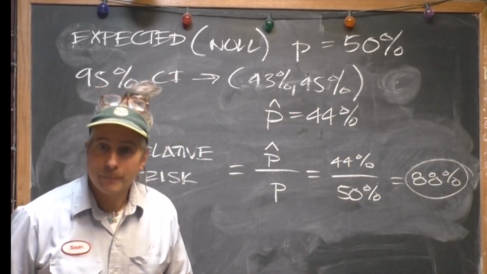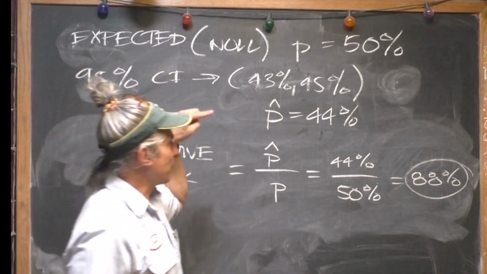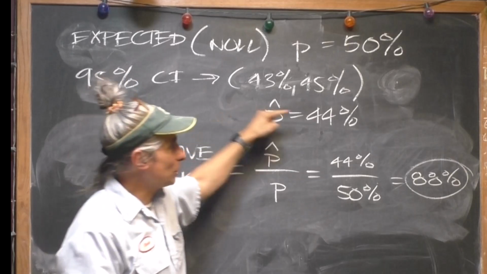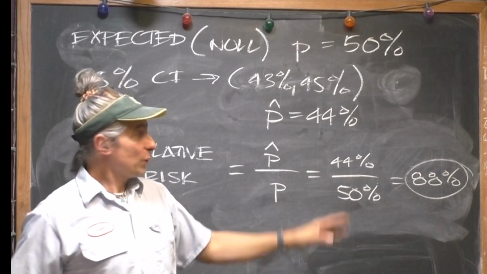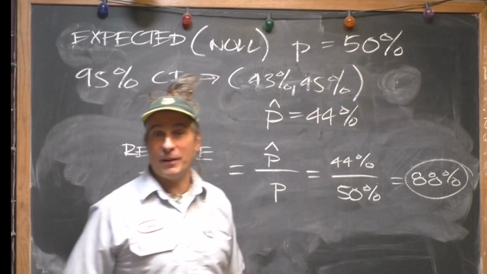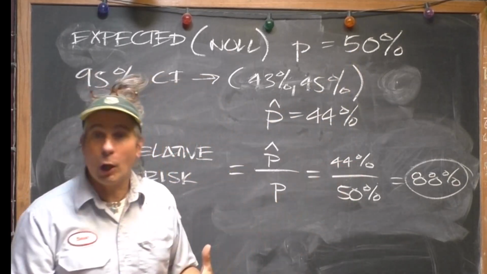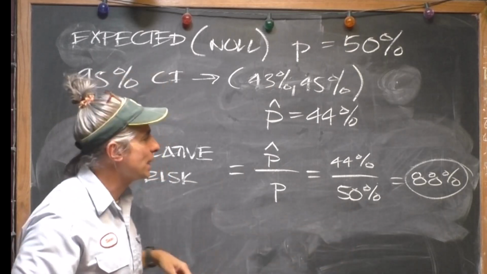What does that tell us? It tells us that the percentage we got in our sample was 88% of the percentage we were expecting. 44 is 88% of 50. Or it's 12% lower. There's a couple ways you could interpret that percentage.